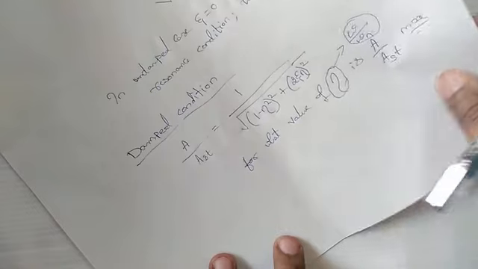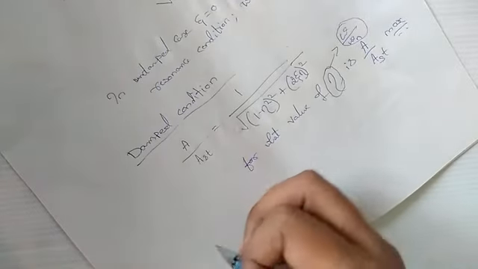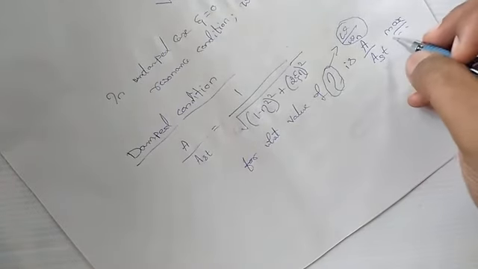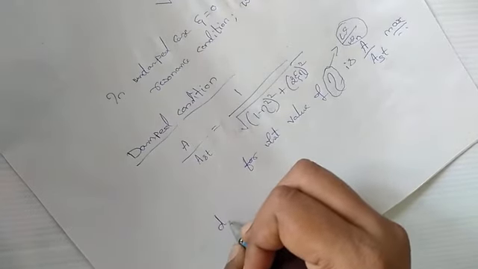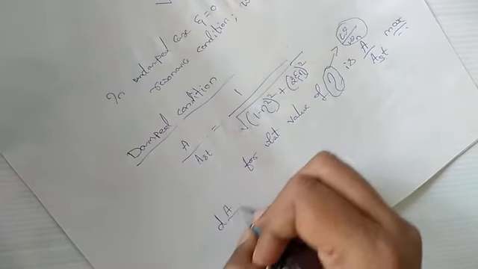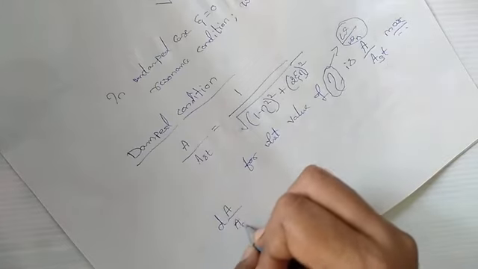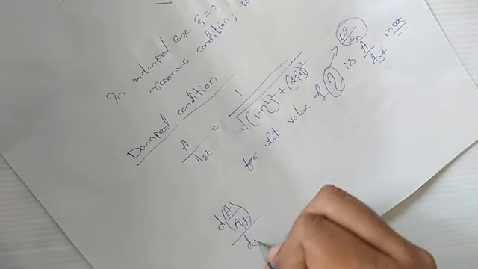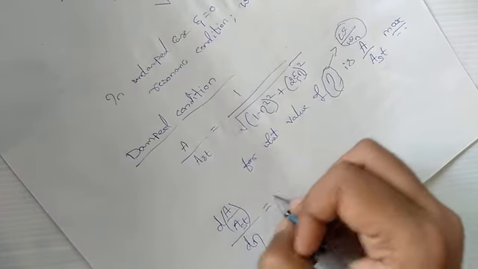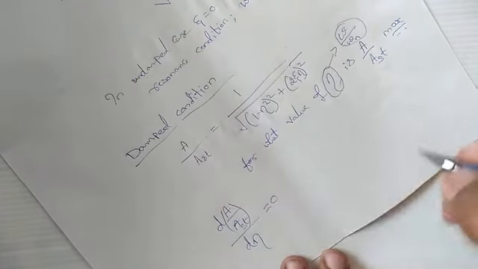So let's find that. Whenever we want to find the maxima, we differentiate that equation. So d of A by static deflection with respect to eta is equal to 0. So this is the maxima condition.